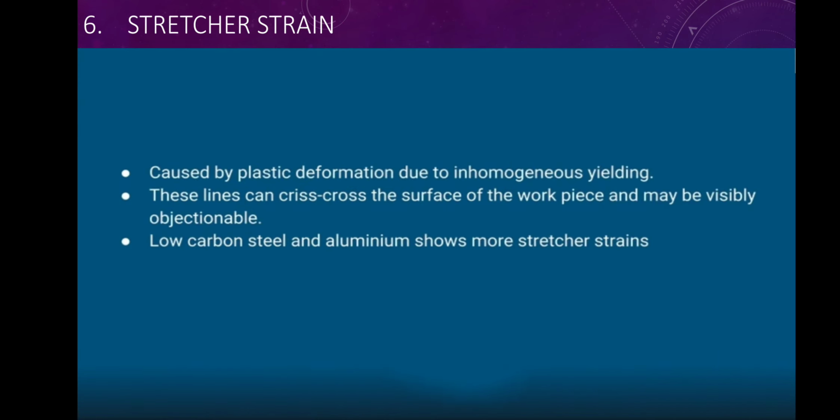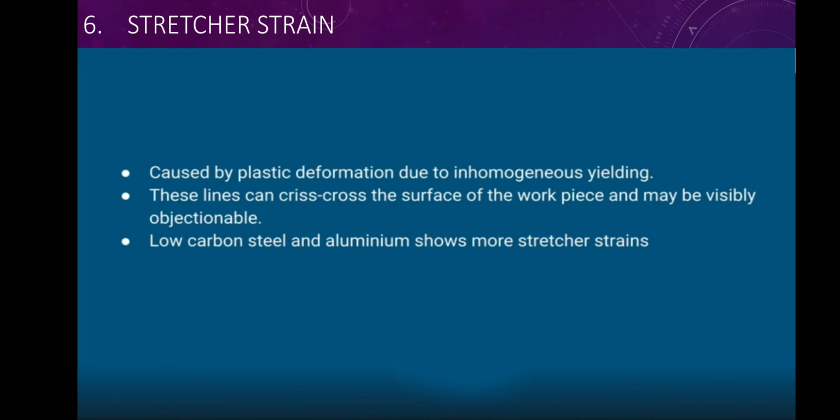The next one is stretcher strain. It is caused by plastic deformation due to inhomogeneous yielding. If you carry out the plastic deformation, there is inhomogeneous yielding, which creates strain. In this slide you can say there are two sections of material, right? One is deformed and the other is not deformed.